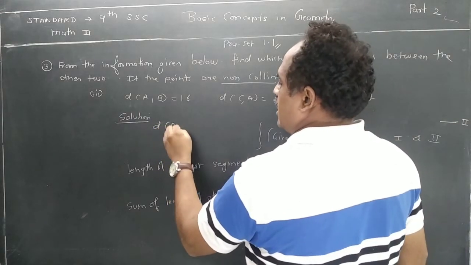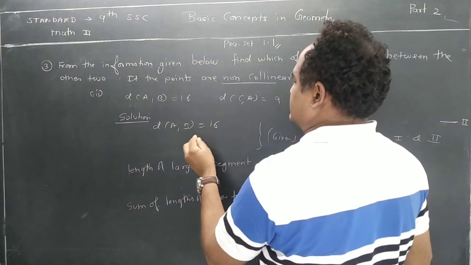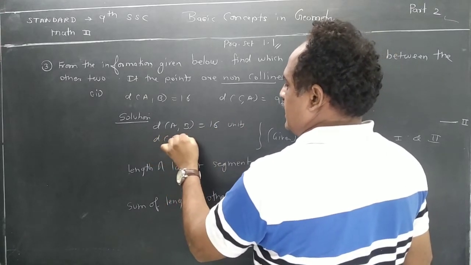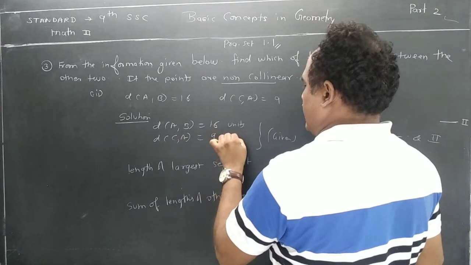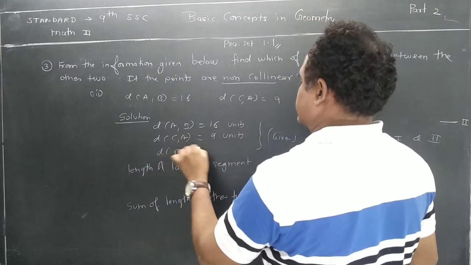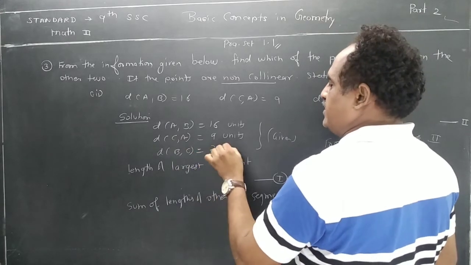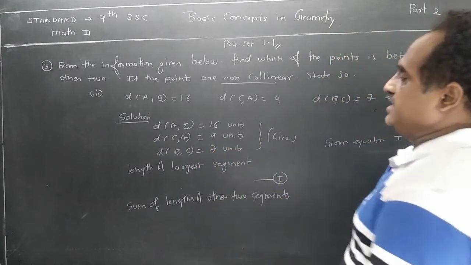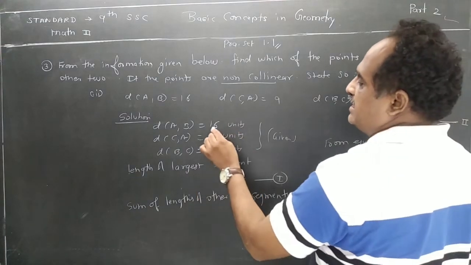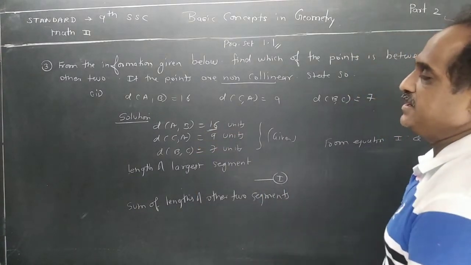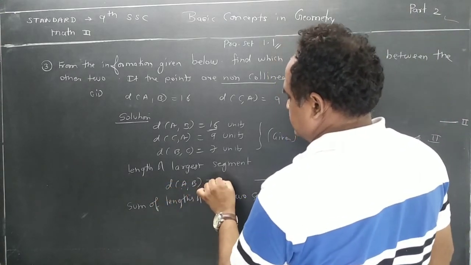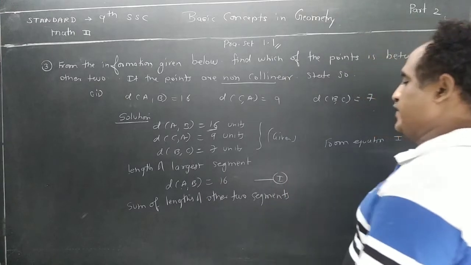Distance AB is equal to 16 units. Distance CA is equal to 9 units. Distance BC, distance between point B and C, is 7 units. This part is given. If you compare the lengths, 16 is the largest one. So distance AB is equal to 16, take it as equation 1.